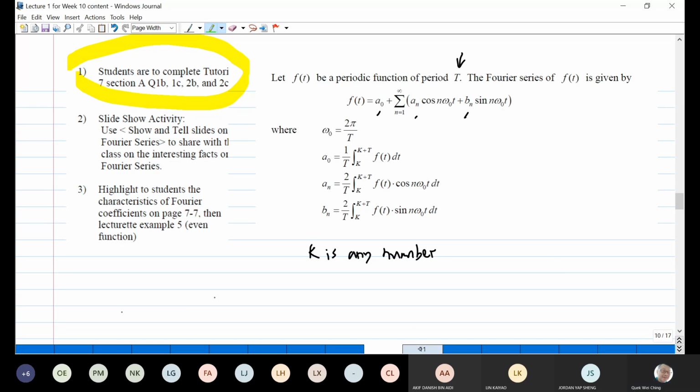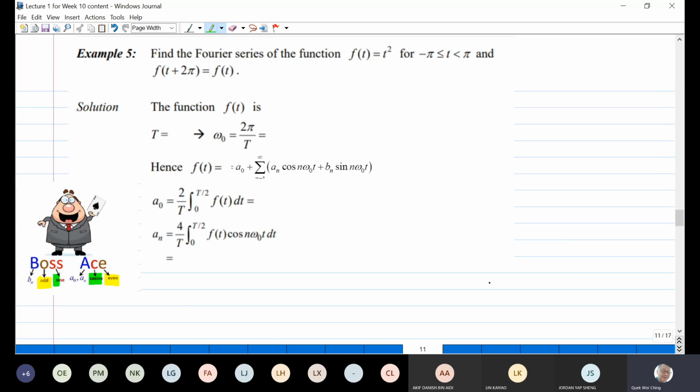Okay, so we are going to do example 5. You need to copy this solution, example 5 here. The function is f(t) equals t squared. So you must use this function to do the calculation.